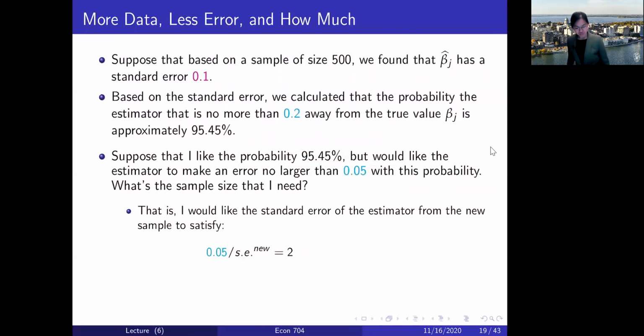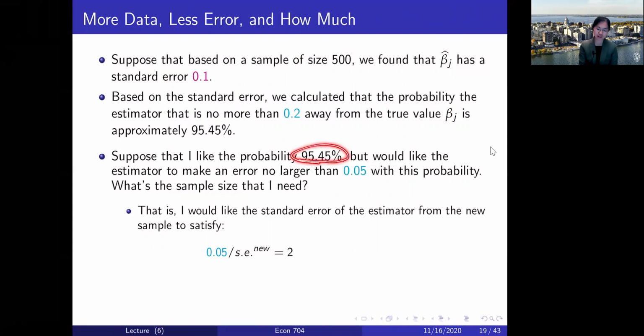That's very high. But I would like the estimator to make an error no larger than 0.05 with this probability. That is, my tolerance is not as big as 0.2 before, but instead my tolerance is only 0.05. I want the tolerance to reduce to 1/4 of before. Then what's the new sample size that I need? To figure out the new sample size, notice that we want the probability to be the same.